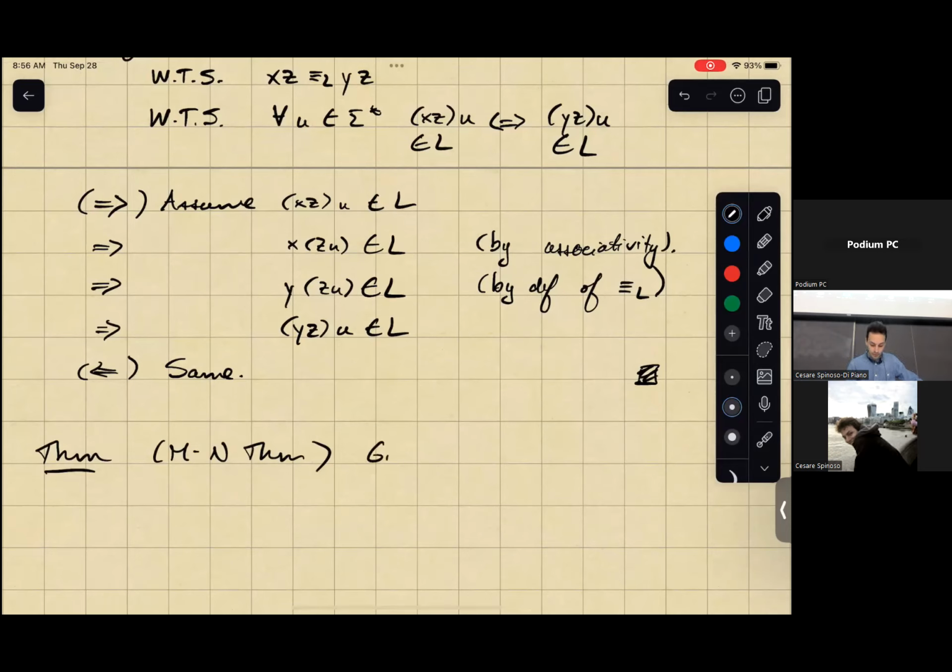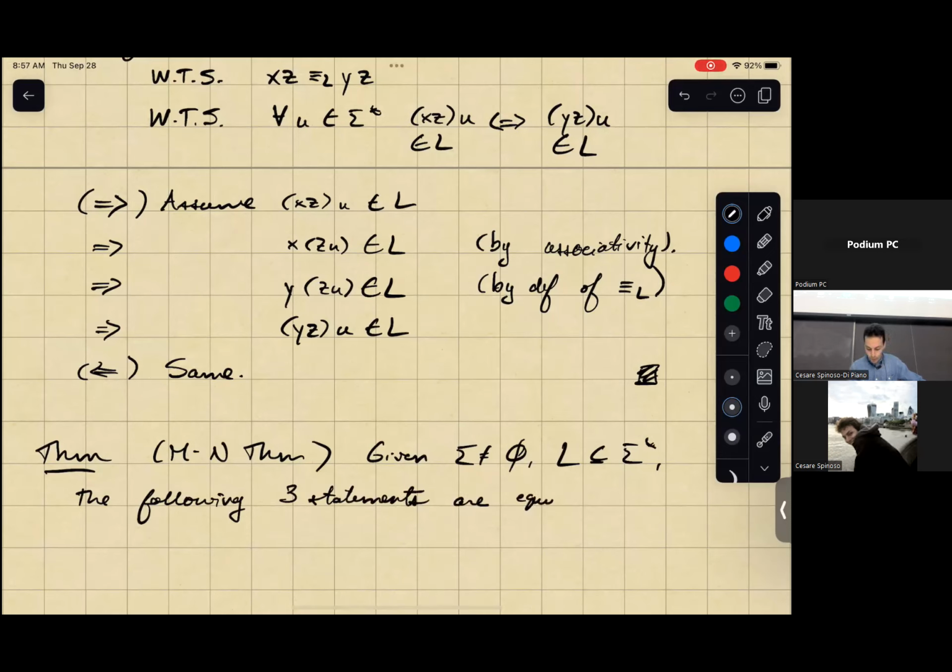Given some alphabet, which is not empty, and some language, which is a subset of sigma star, the Myhill-Nerode theorem says that the following three statements are equivalent. In other words, we have if and only ifs all across.